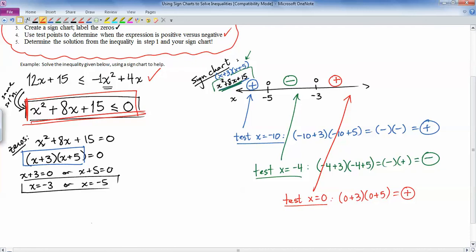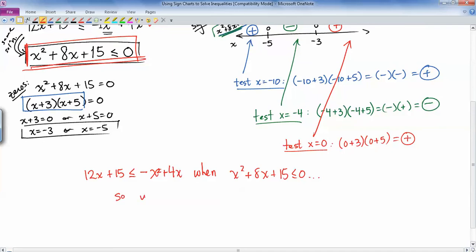So when I write my solution, I'm going to write the original: 12x plus 15 is less than or equal to negative x squared plus 4x, and it's really when x squared plus 8x plus 15 is less than or equal to 0.